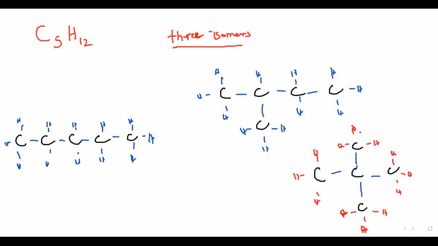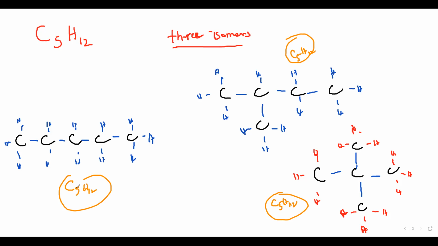These all are isomers. How do I know they are isomers? When I count, this contains 5 carbon and 12 hydrogen. This contains 5 carbon, 12 hydrogen. This contains 5 carbon and 12 hydrogen. So when molecules contain an equal number of atoms, like carbon and hydrogen, but have different structures, we call them isomers. Is it clear?